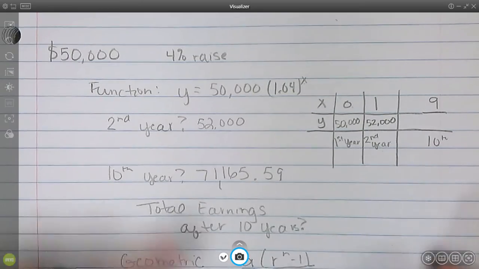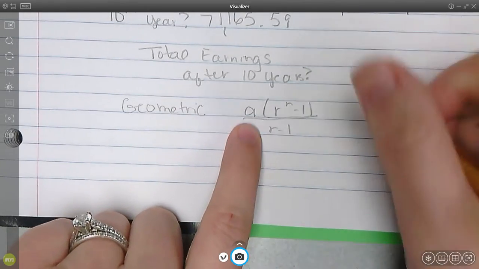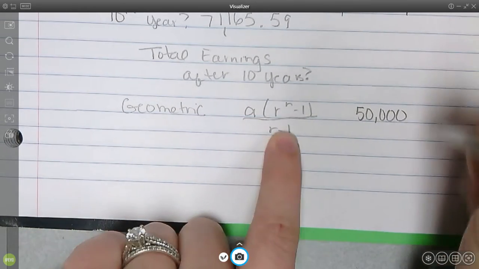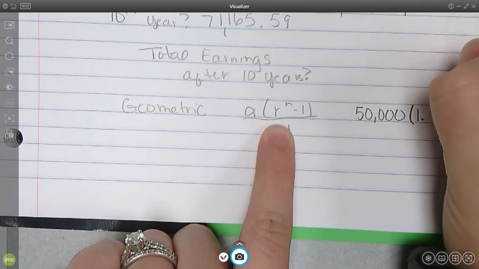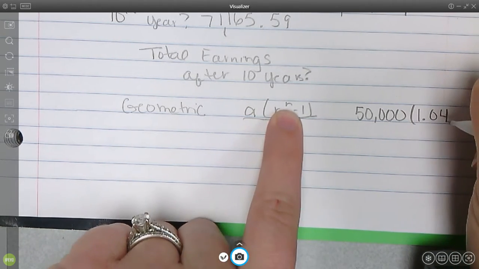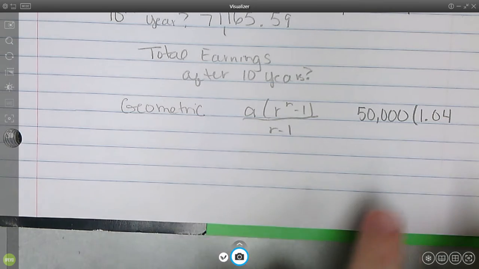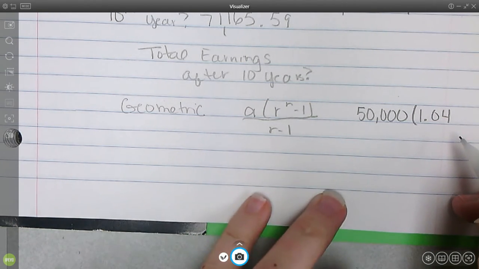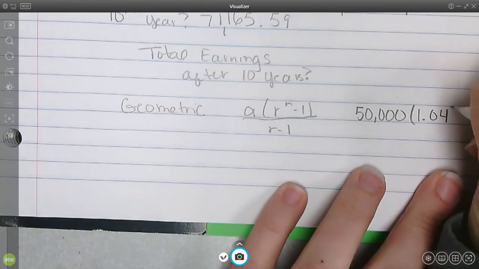So our first value was $50,000. Our r is what we're multiplying by, so we're multiplying by 1.04. N is the number of values, and that's going to be 10 because our first year is year 1, our second year is year 2, so you don't have to subtract or add anything to the number 10.